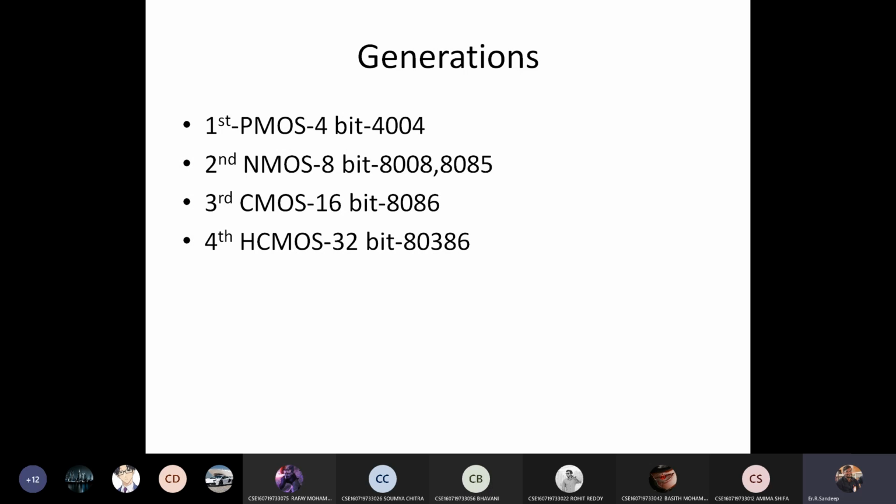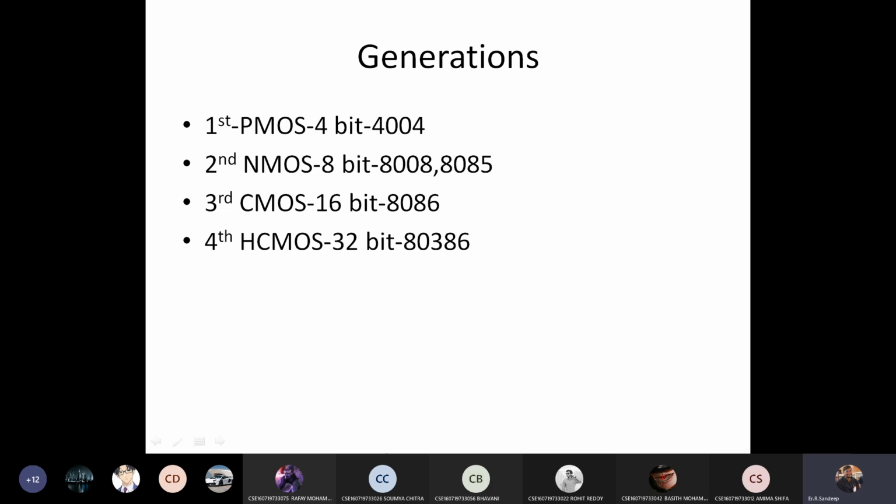And the mobile phone processors and Windows 10, nowadays we make use of advanced processors in mobile phones as well as laptops. Those are 64-bit machines, and we are almost in the 5th generation. The 5th generation are 64-bit machines, which have more performance and speed compared to the first generation.